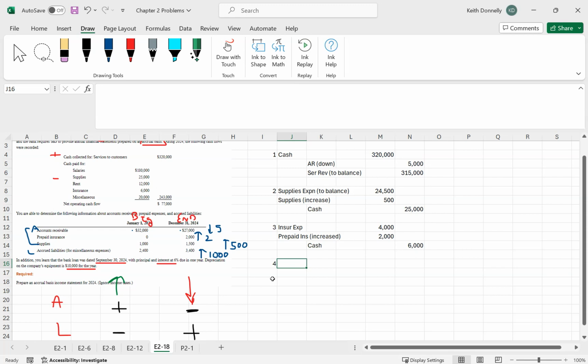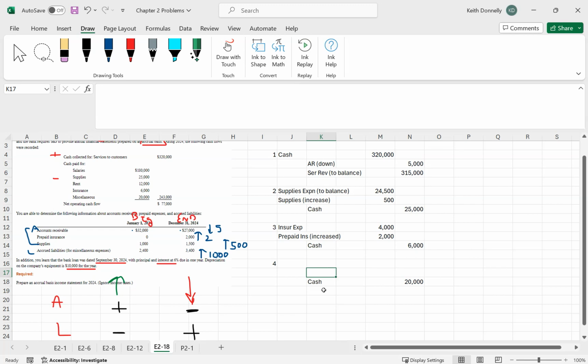All right, two more here. Let's see what's going on. We accounted for these guys. Next one is the $20,000 in miscellaneous expense. That was a cash outflow of $20,000. What we have to consider here are those accrued liabilities.